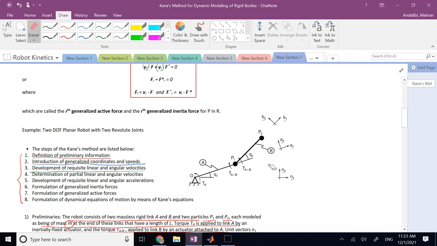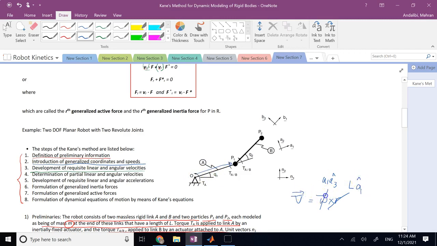Now let's talk about velocities of each one of these particles. So first we need velocity of this particle P1. P1 does rotate about O, and as you know, when a point is rotating about a fixed point, its velocity V equals omega cross R. And omega here is U1 in the direction of A3, and R for it in this case is this vector, so this is going to be L in the direction of A1.